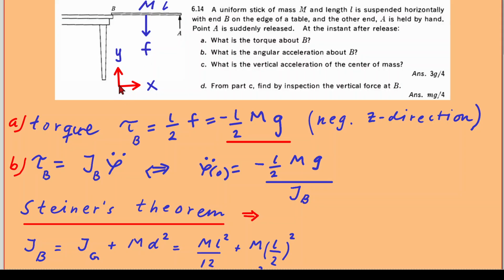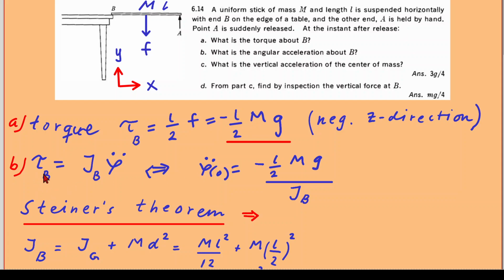But the z direction is outwards. If you think about the cross product, vector product Ex, Ey, then it will be outward. So the z is outward, but this rotation is inwards. So that's why you have a negative sign here.